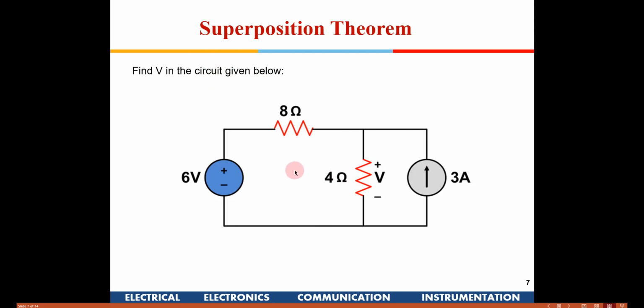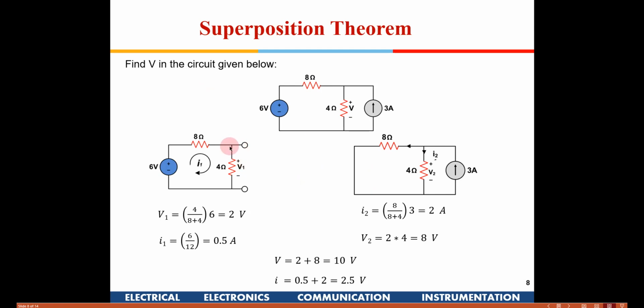I have redrawn these circuits here. In the first case, the 3 ampere source has been removed. So how can I directly write the voltage? That is known as the voltage division rule. It is 6 volt, with 4 ohm and 8 ohm, so 6 into 4 divided by 8 plus 4.